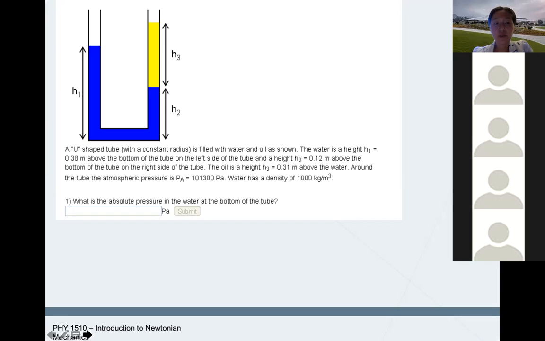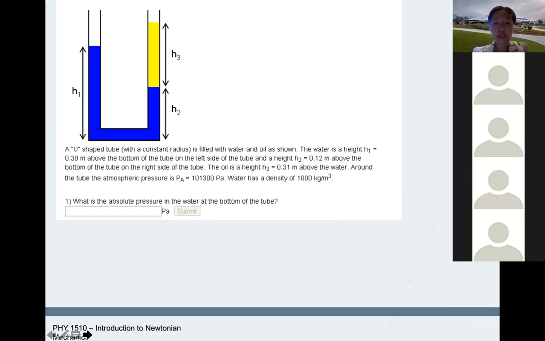So here we have a U-shaped tube and you fill it with water and also oil. The blue is the water, and the yellow section on the right-hand side is oil. We know that oil has less density than water, right? So when you mix water and oil, the oil will always stay on top because it has a smaller density.